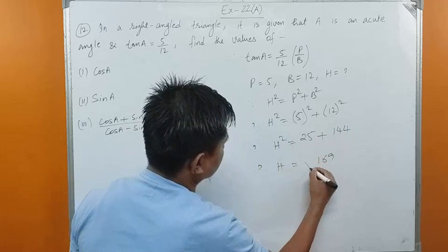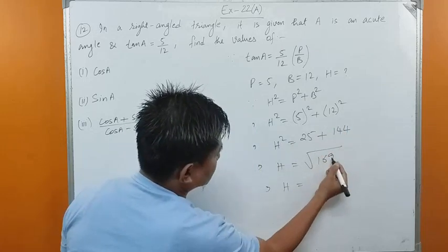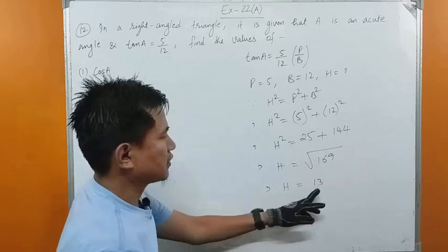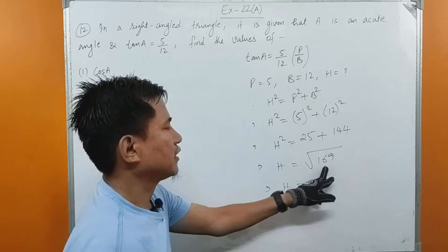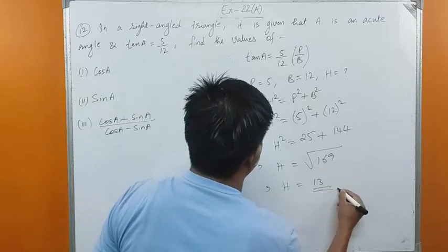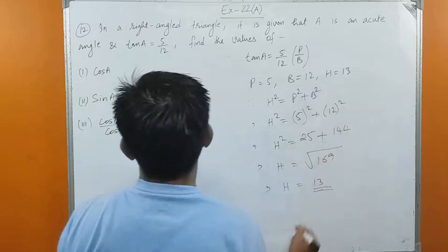This square we take to the right hand side, and it becomes square root. So h equals root under 169, which is 13, because 13 into 13 gives us 169. So the value of h is 13.